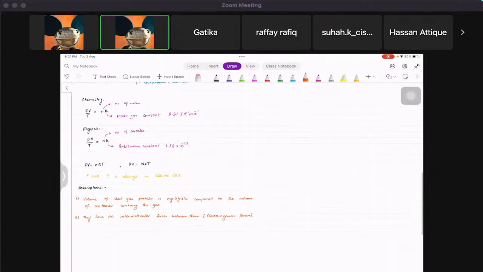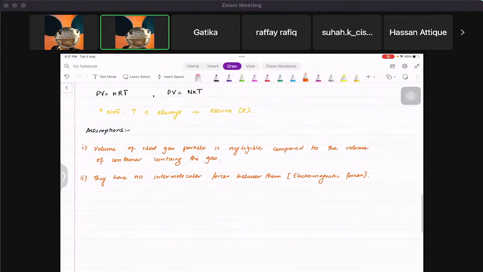Okay, now the third assumption is that the collisions of ideal gas particles are perfectly elastic. Who knows what is meant by perfectly elastic?